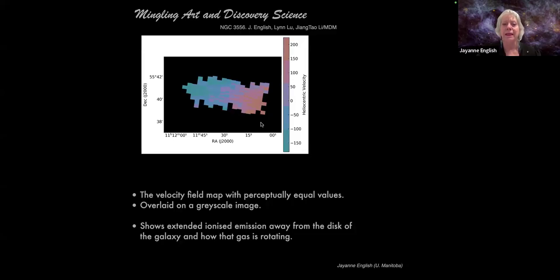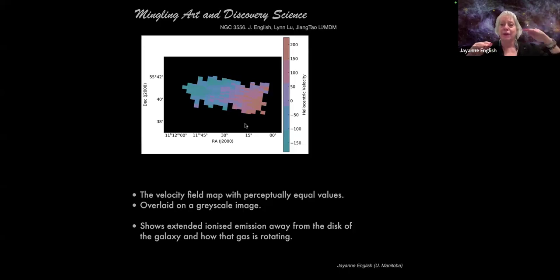So perceptually, they're equal values in terms of their brightness, not their vividness, but their lightness or darkness. And if I was to print this out in grayscale, it would be one solid gray blob in the middle, not a variety of grays, but one solid gray. And the reason I do that is I want to put a grayscale image on top of that. And grayscale images have dark grays and light grays.